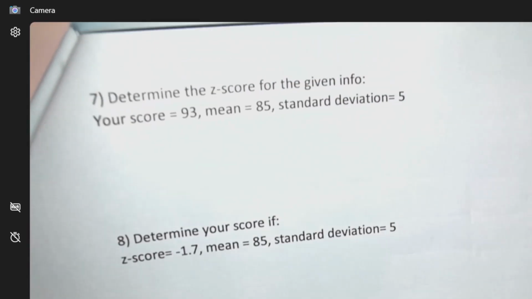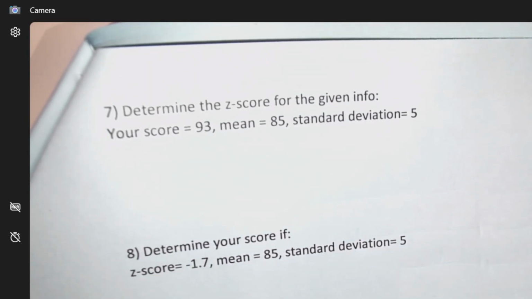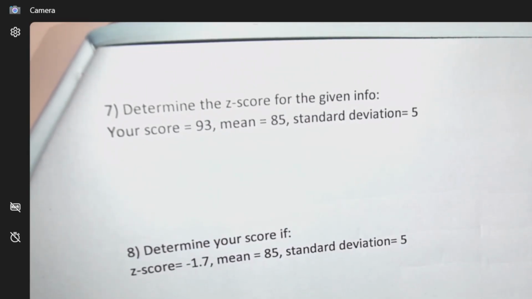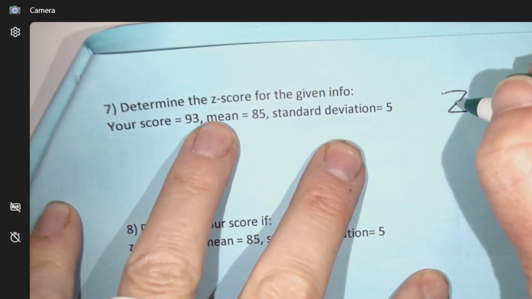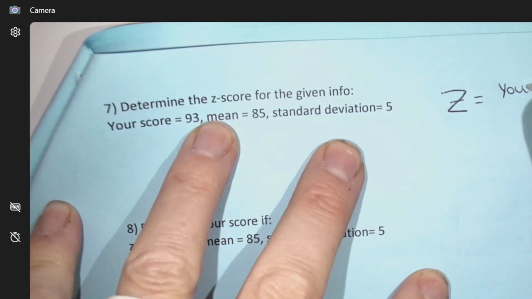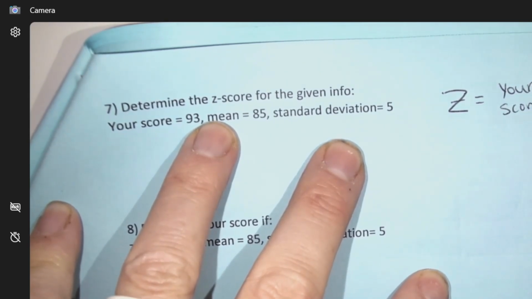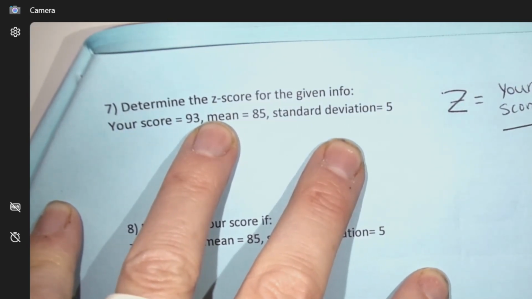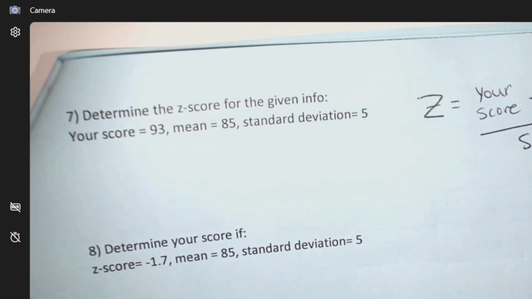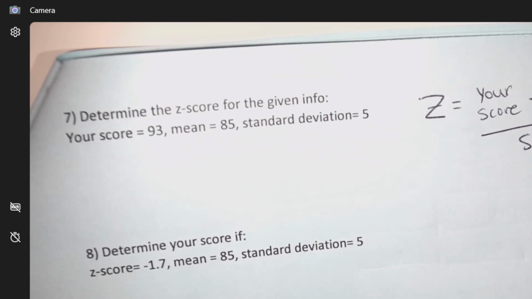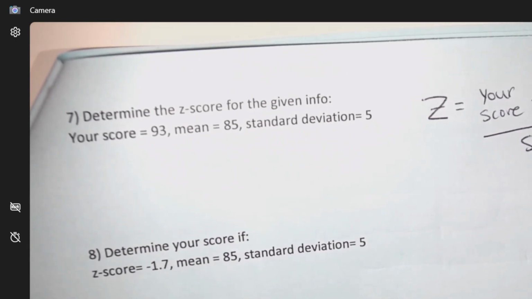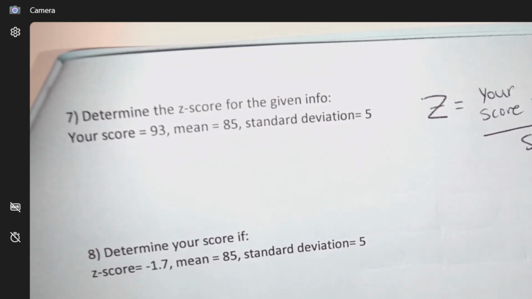Okay, finding a z-score, that formula would be on your formula sheet, but you can put something on your cheat sheet if you want to say z equals your score minus mean over standard. Because my formula sheet will probably say like this.